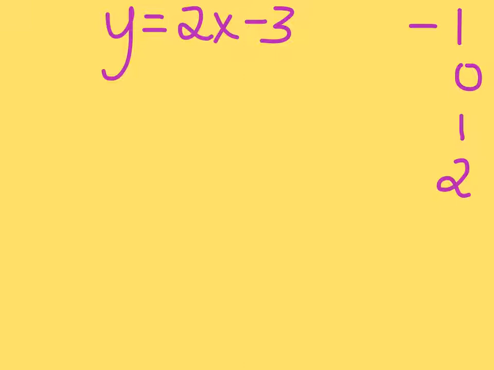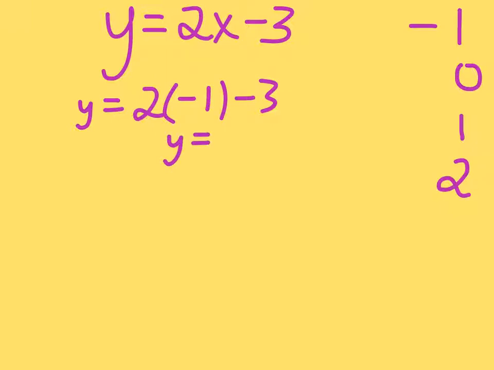Okay, when you plug in negative 1 for x, you should get y equals 2 times a negative 1 minus 3. 2 times a negative 1 is negative 2, and you're going to subtract 3 more, so y is going to be a negative 5. Then you're going to do the same for 0.